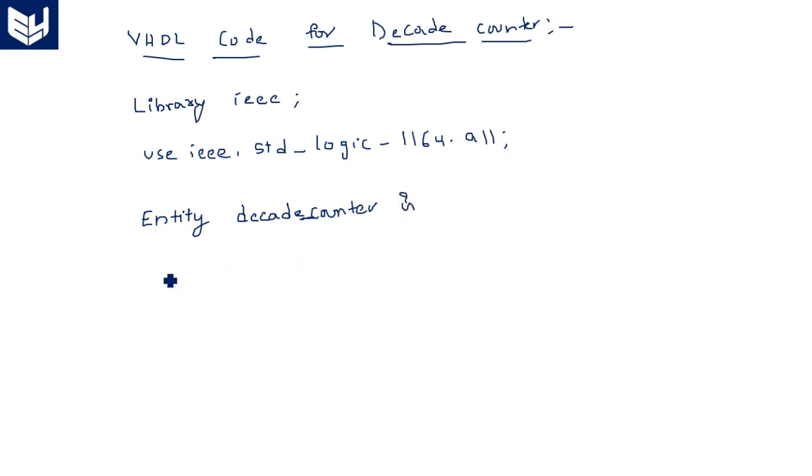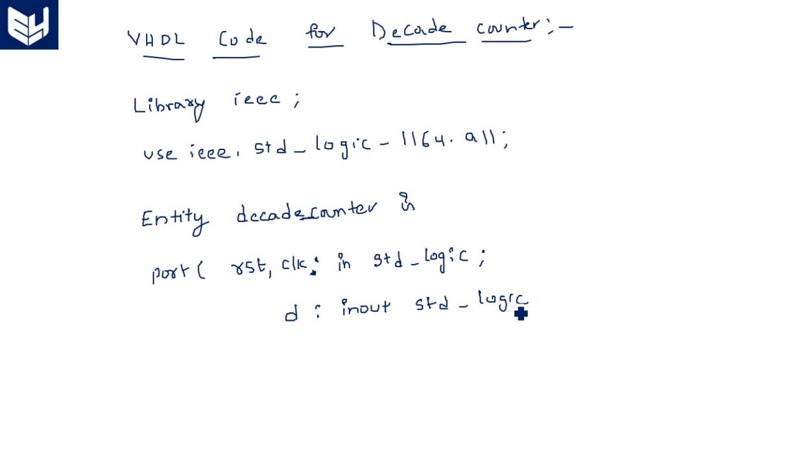Decade counter is port of reset pin, clock, reset clock with input direction, standard logic, and D in out std_logic_vector of 3 down to 0 for 4-bit data.